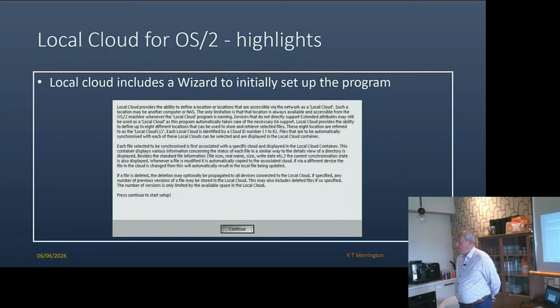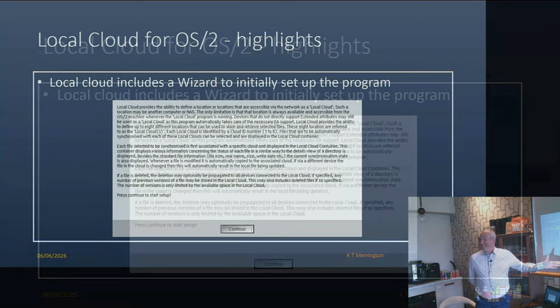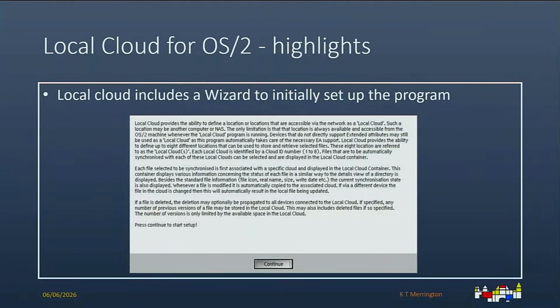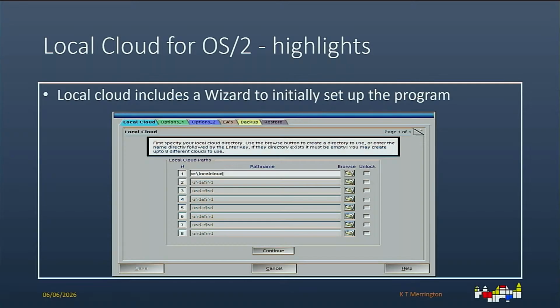Local cloud uses a wizard when you first start the program to help you set it up. And here you can read exactly the very first thing. Basically it's saying, oh, local cloud provides the ability, so on and so forth, and this is what it does. The next slide takes you into the settings window where you can set up each local cloud and how you do it.